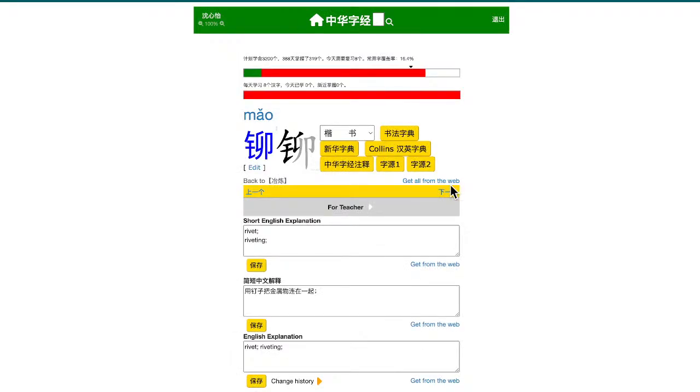That type of door. This is mao, and they use that to represent the mao process, which means getting two sheets of metal connected together. Okay, so this is Mao.